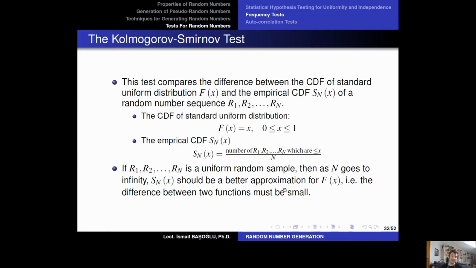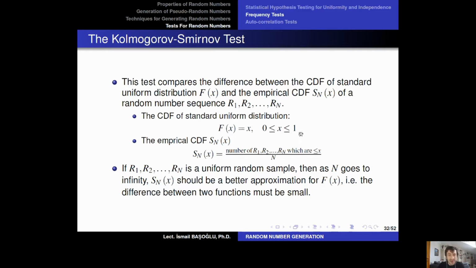That is as simple as it goes. And of course, as x increases from 0 to 1, as we move to the right-hand side, every time a new random number is going to be less than or equal to x, and therefore this ratio is going to increase as a stair-shaped function starting from 0 to 1.